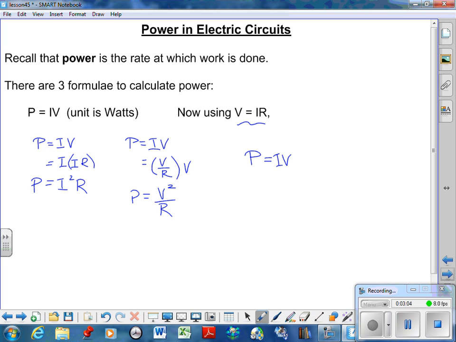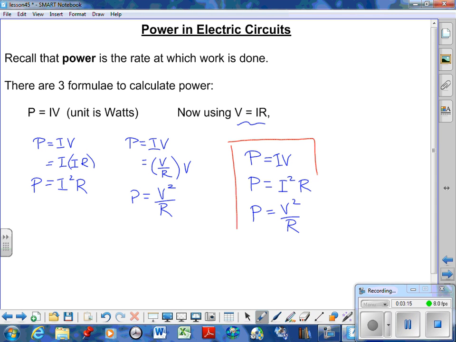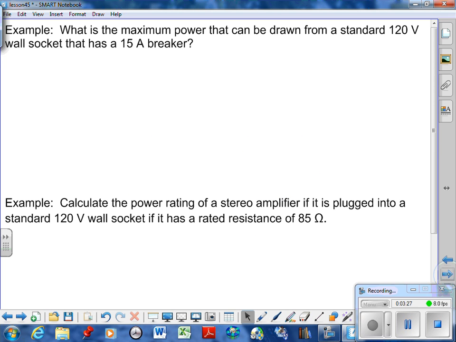So P equals IV, P equals I squared R, and P equals V squared over R. So that's what I'm going to put the box around. Those are the formulas you probably want added to your study sheet or cheat sheet in order to do work through your homework.